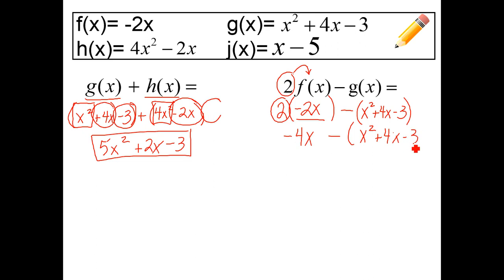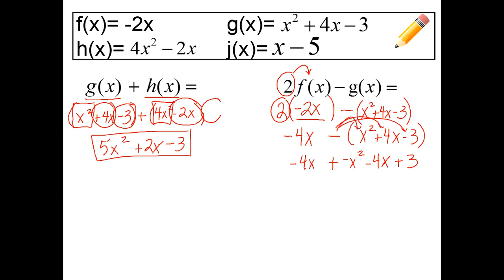Now remember, subtraction is the same thing as adding the opposite. So what we would do here is change that minus to a plus and distribute a negative sign to all of these terms in here. So we'd have negative x squared, negative 4x, positive 3. And then I'm going to drop down that negative 4x.